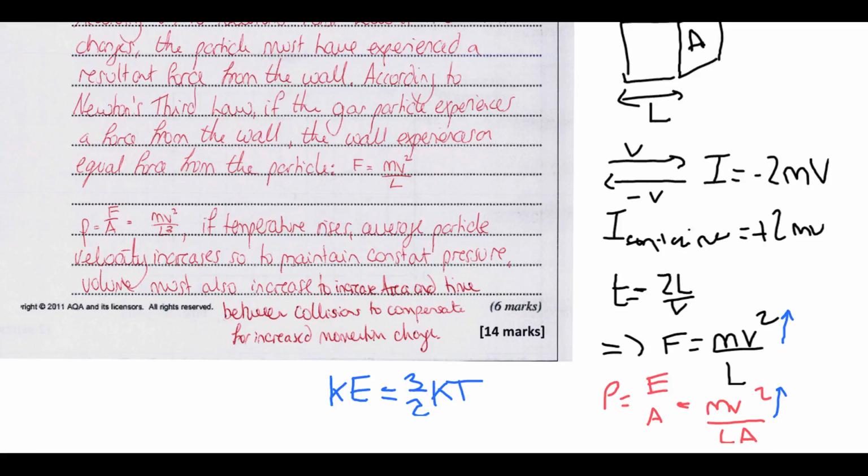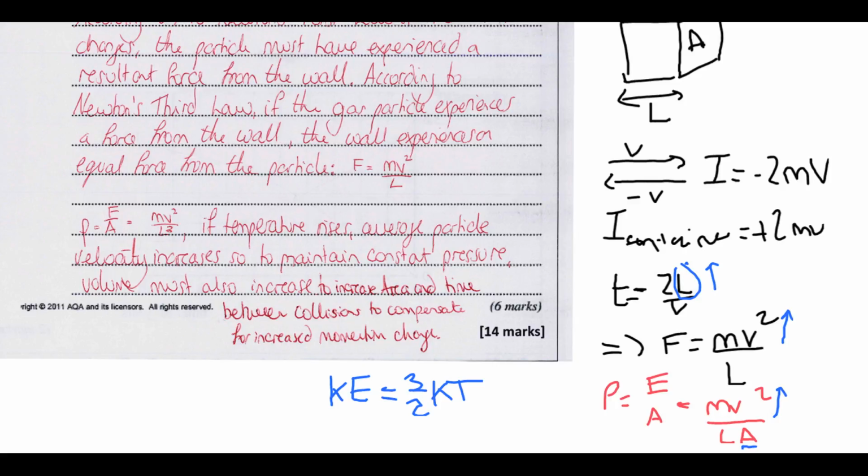So to get the same pressure, we're going to have to change things to compensate for it. So what we can do is make sure there's longer between the collisions. So we're going to increase L, and what we can also do is increase the area over which the force is applied, and both of those things would end up increasing the volume of your container, because obviously the volume is the length times the area.